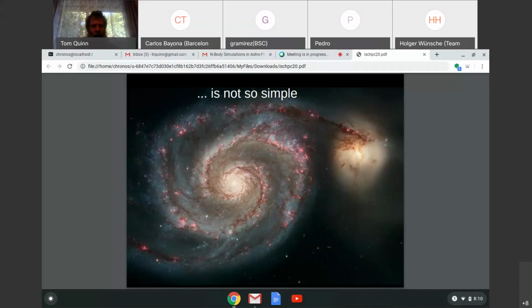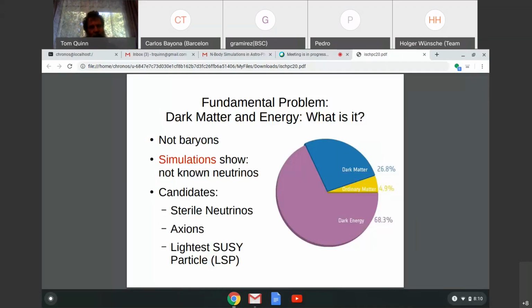And the remarkable thing is all that stuff I've just described is only 5% of the mass energy density of the universe. The rest, the other 95%, is stuff which we can detect gravitationally, but for which we have no idea what its fundamental particle nature is.